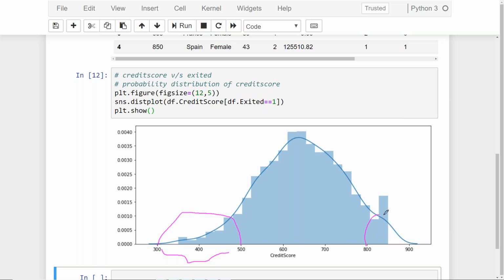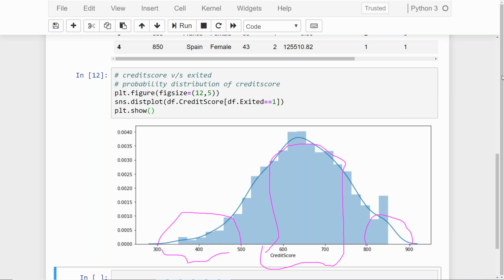There are fewer customers between 800 and 900 as well, though not as few. The majority of the customers who are leaving the bank are in this range, with a credit score of around 550 to 750. So there is a high density of customers leaving the bank in this particular range.